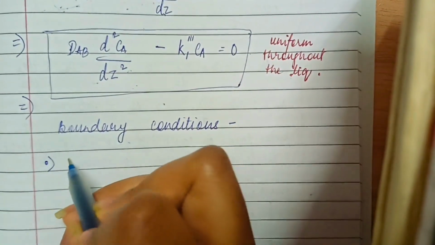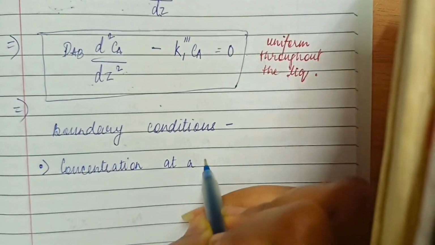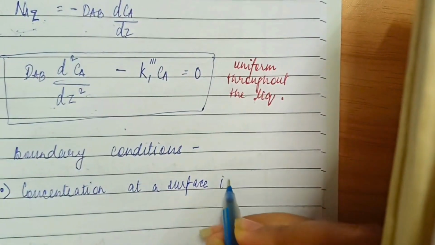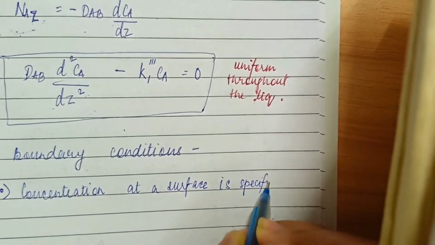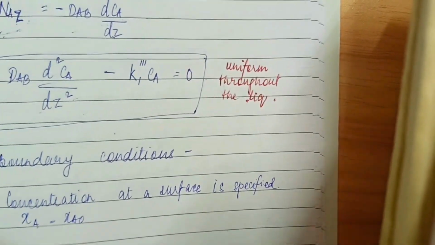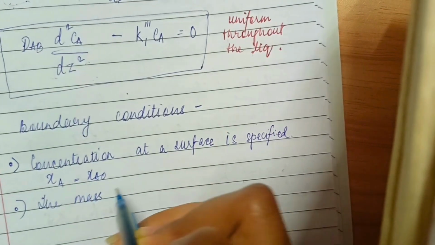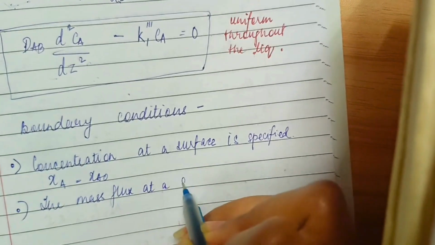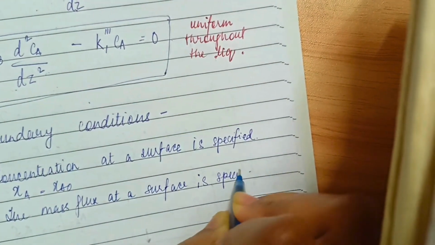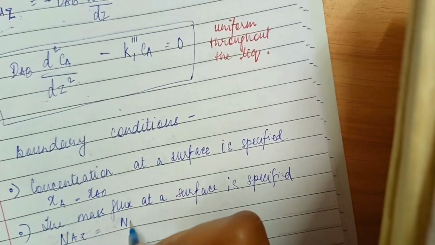The first one is concentration at a surface is specified, that is XA is equal to XA naught, and the second boundary condition being the mass flux at a surface is specified, that is NAZ is equal to NA naught.